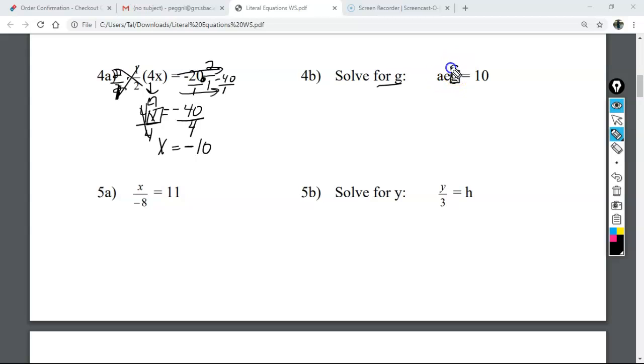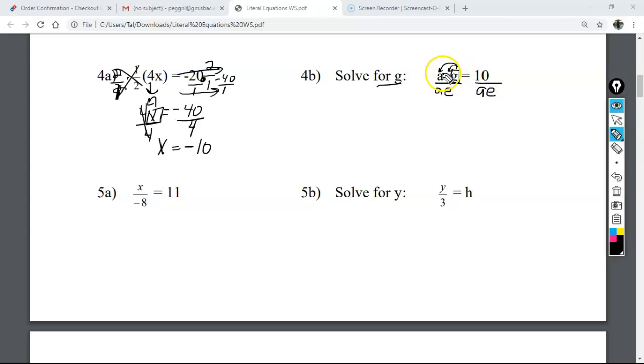So this looks funky because the E and the A are both stuck to the G, just like anything over here, like the 4 was stuck to the X, means divided out. So over here, what's going on originally is multiply, so we're going to divide it out. In this case, because they're all 3 stuck together, we can divide the A and E right out of there on both sides.